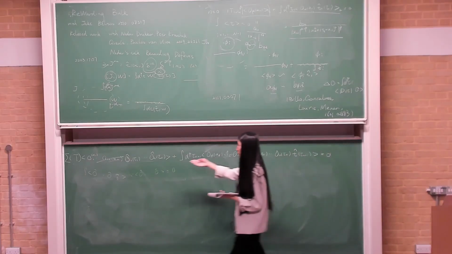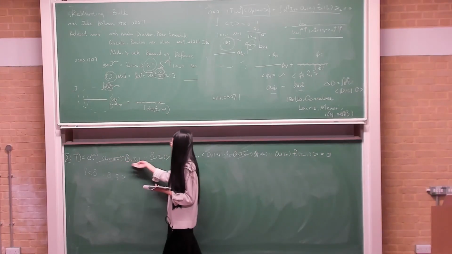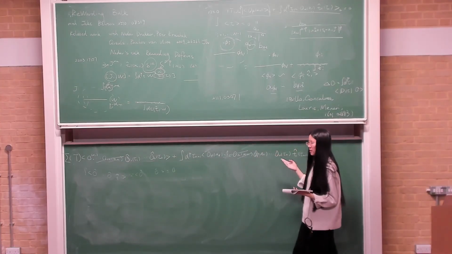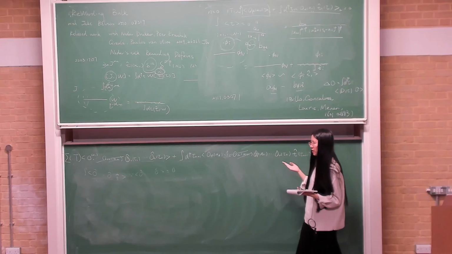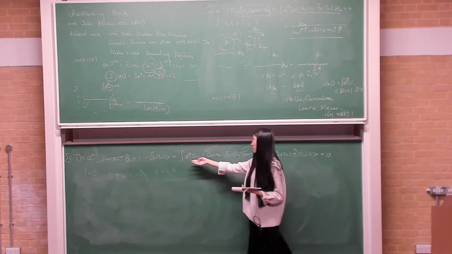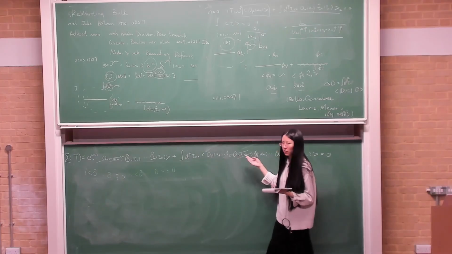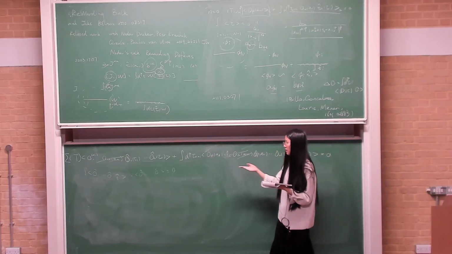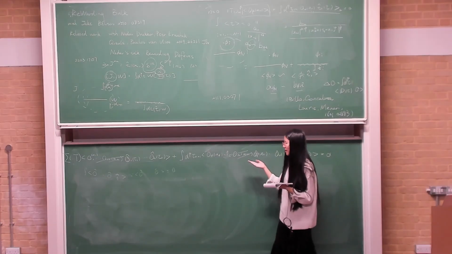And if here I have one bulk, two defects, and here one bulk, three defects, then I actually write an identity to relate a function of one cross ratio and the integrated function with two cross ratios. And this generally holds non-perturbatively and in an arbitrary theory.